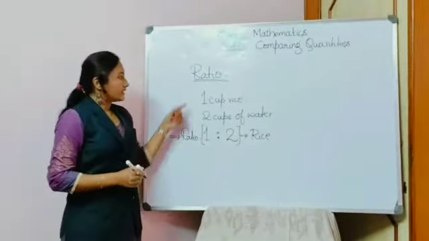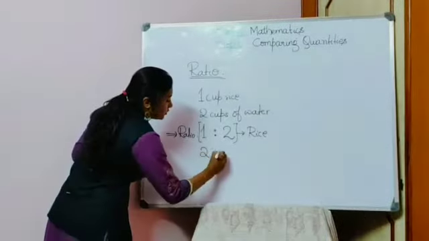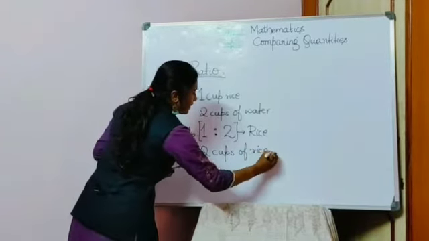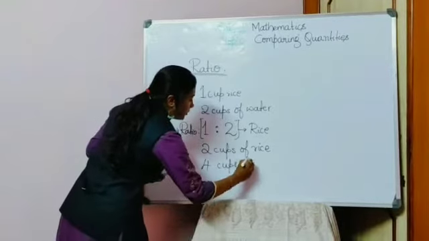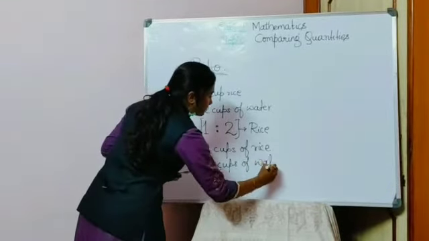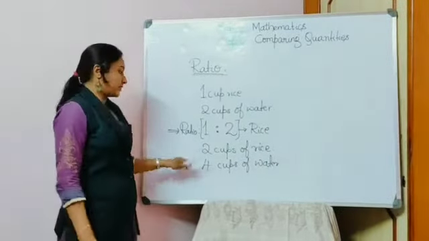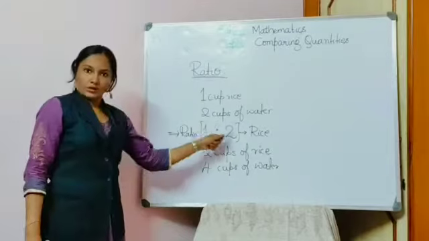Suppose we are taking 2 cups of rice, how do we write? We take 2 cups of rice and 4 cups of water. So when we are taking 2 cups of rice, we are taking 4 cups of water. Still, the ratio remains as 1:2.